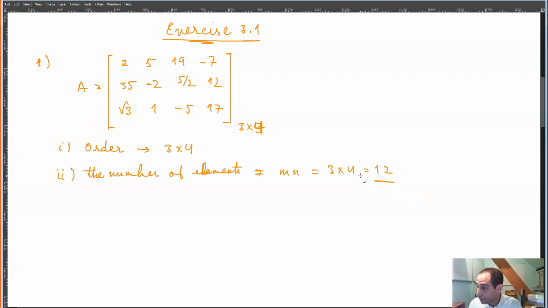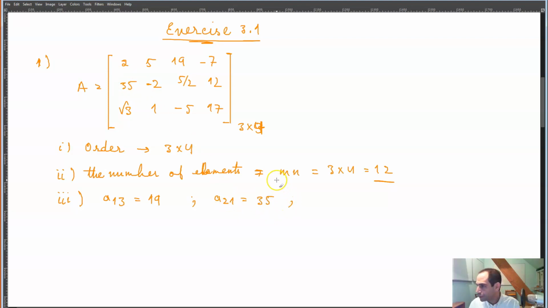Number 3, you want to write the elements. A of 1, 3 is the element that is in the first row, third column. First row, third column would be 19. And A of, for example, 2, 1 is the element in the second row, first column, which would be 35.